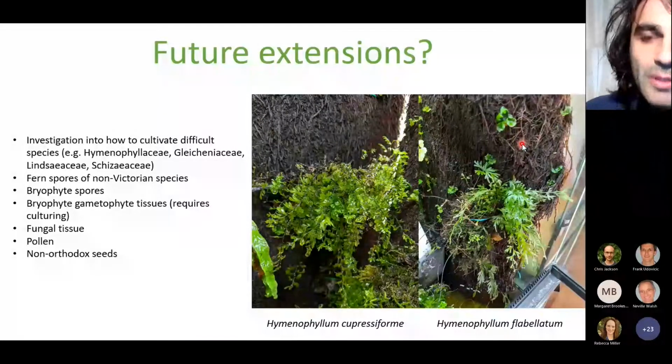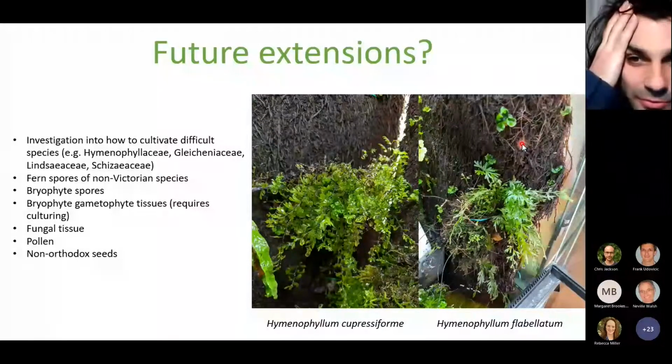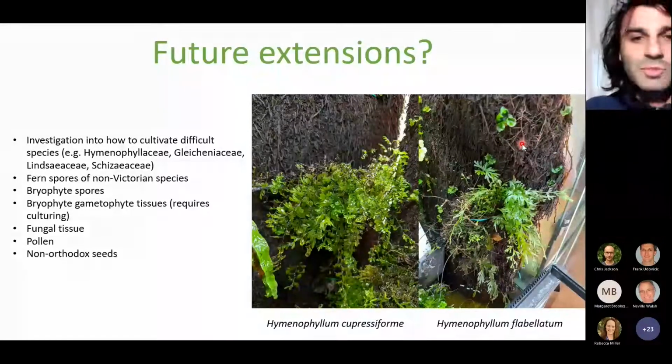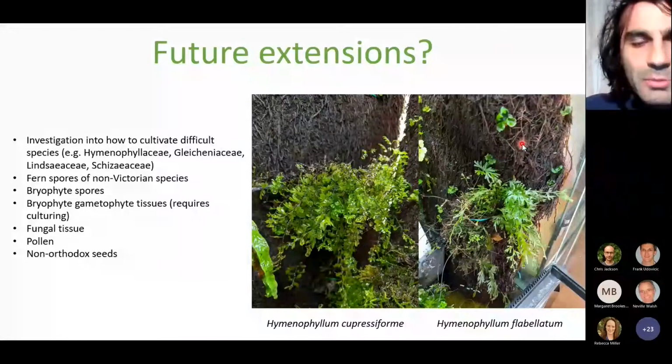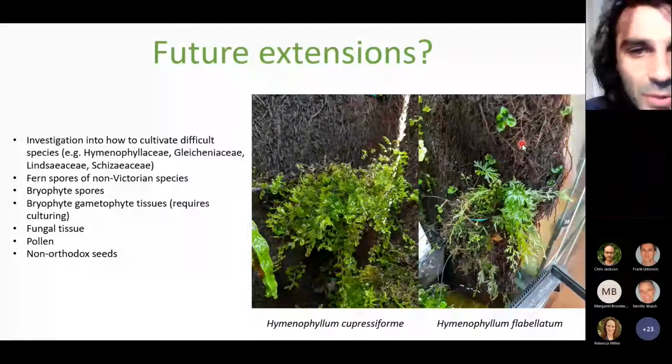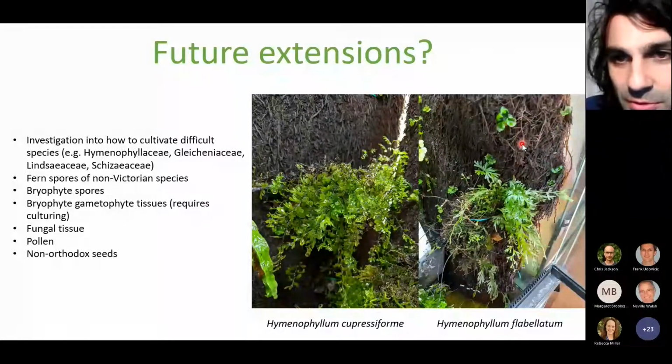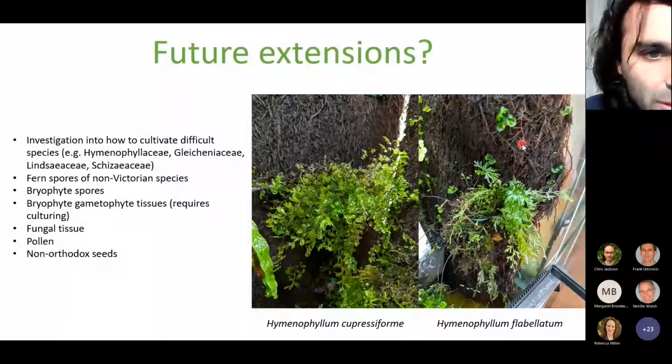But it's challenging in that they don't freely produce reproductive structures, and when they do, they're really small. So obtaining a reasonable amount of spores from some of these species is going to be really tricky. Whether that's going to be a reasonable prospect in the future or not, I don't know, but I'll keep having a look at it.